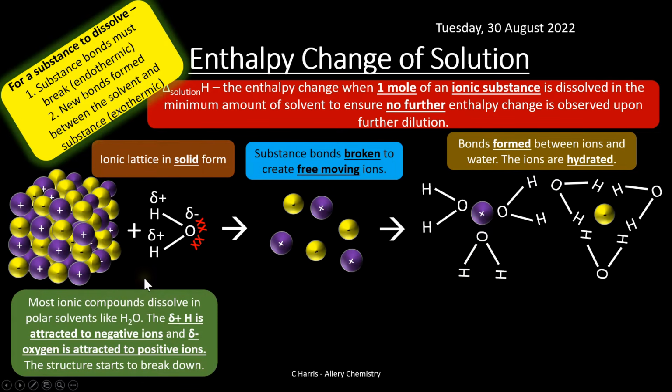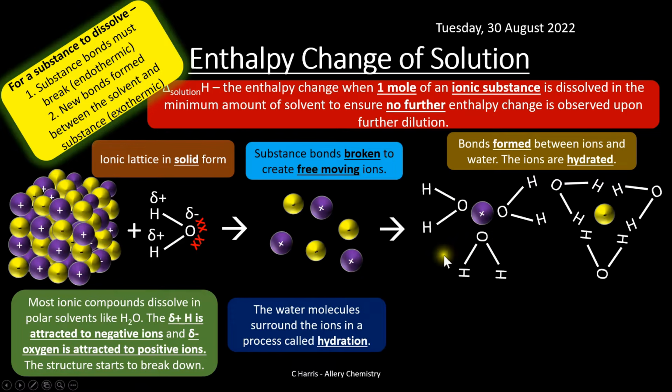Most ionic compounds dissolve in polar solvents like water. If you just take table salt and put that in water, you will be fully aware that salt definitely dissolves in water. So we see that in everyday life. The delta positive here is attracted to the negative ions. The delta negative is obviously attracted to the positive, as we've seen there. And the structure starts to break down, and then the water molecules surround them.